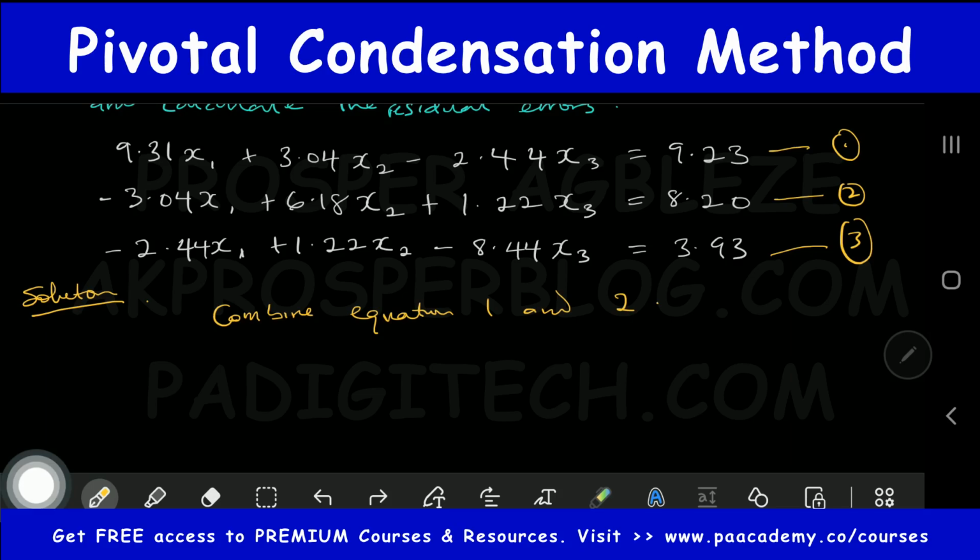All right, so for us to be able to eliminate this, we are going to multiply this equation 1 by 3.04, by everything that is here, and for this we are going to multiply it by 9.31. Okay, so once we add them, we'll be able to eliminate this.